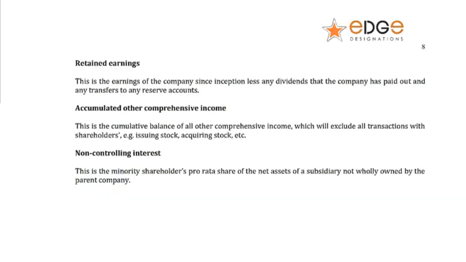Over the page, top of page 8, retained earnings. Retained earnings are the earnings of the company since it started, less any dividends that have been paid out and any movements to reserve accounts that would reduce or increase the retained earnings. We've got other comprehensive income, which is what we typically define as all other types of income that are not necessarily related to the normal operations.